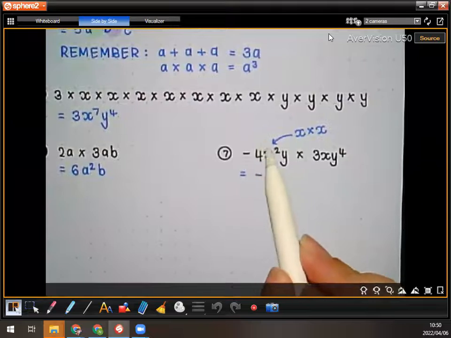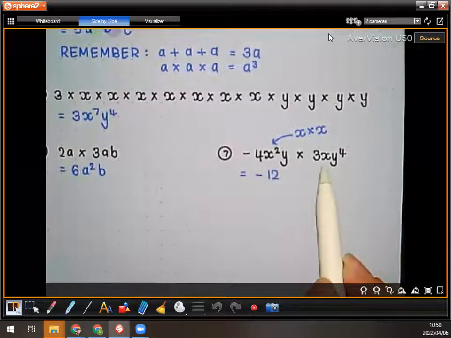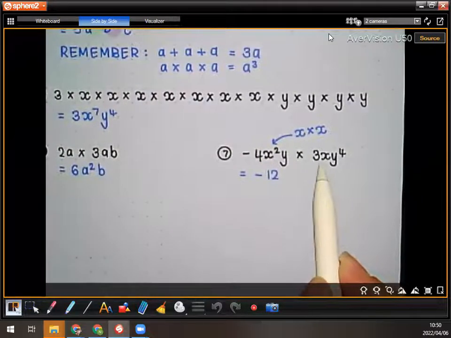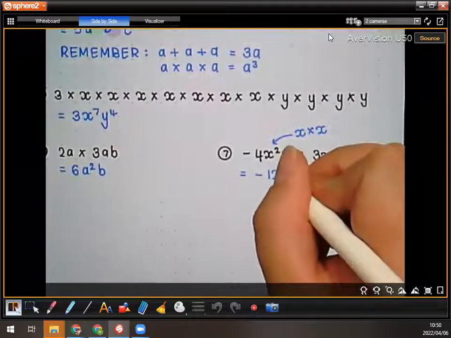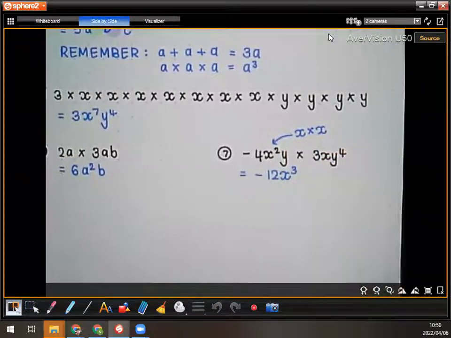Now I'm multiplying that by another x. So how many is that in total? 2 and 1, that is 3. So that is going to be x to the power of 3. Okay, so you see how many x's there are in total, and that total becomes the exponent. Let's look at the y's, guys.